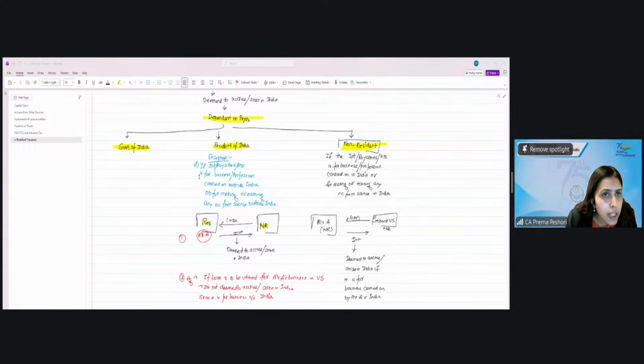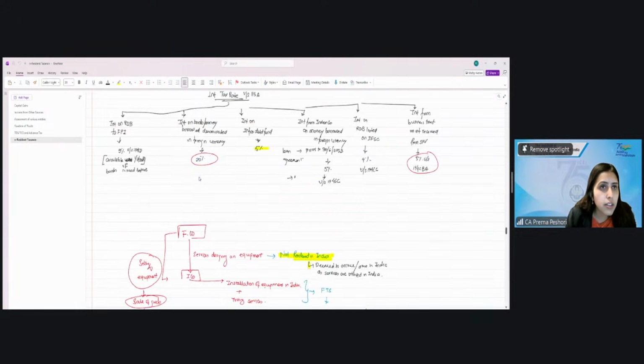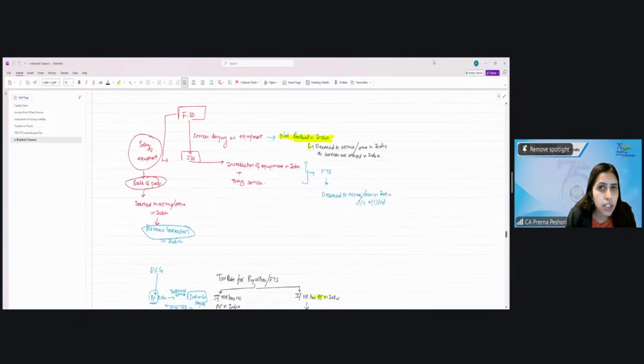So royalty also will be deemed to accrue or arise in India when it is payable by the government of India, when it is paid by a resident in India, except where it is taken for the business outside India or paid by a non-resident for the business in India. Now, what is the definition of the royalty? Let us look at the definition of the royalty from the module itself.